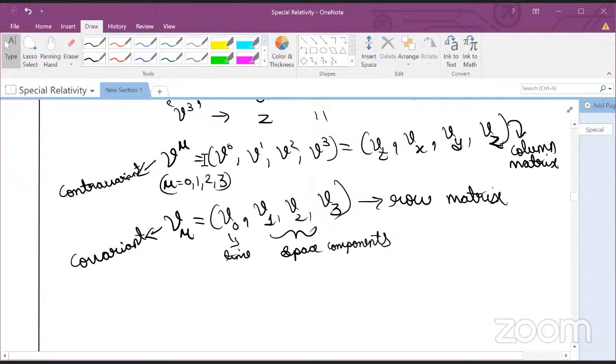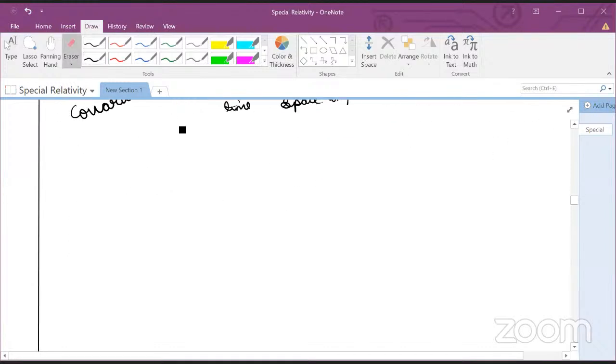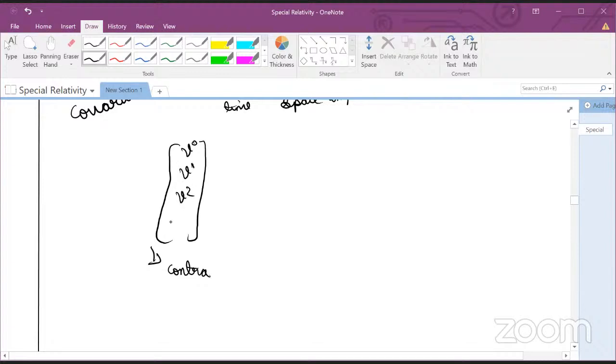So the contravariant is related like this. We have the column matrix first. This is the contravariant 4 vector V super 0, V super 1, V super 2, V super 3.